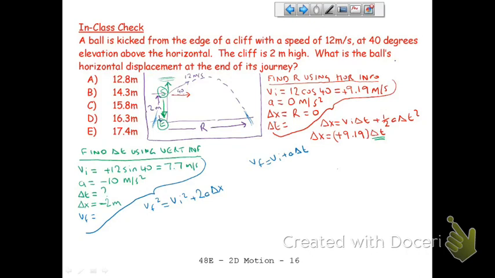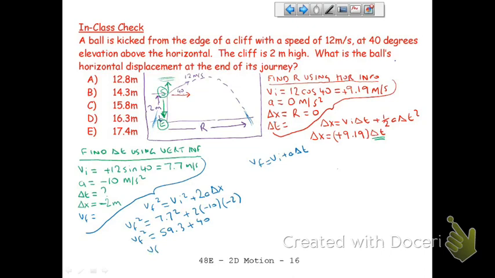So I'm going to say VF squared equals VI squared, which is 7.7 squared, plus 2 times minus 10 times minus 2. So VF squared is equal to 7.7 squared, and that's 59.3, plus 40.